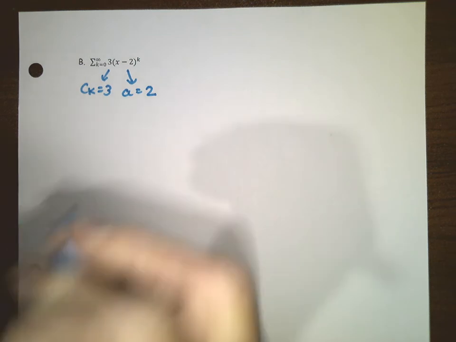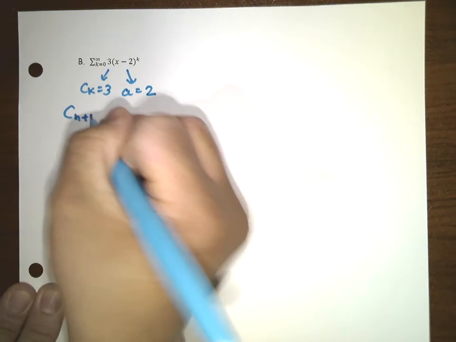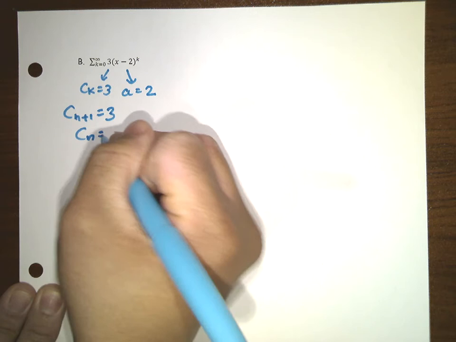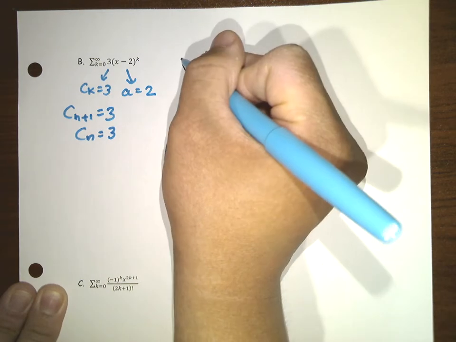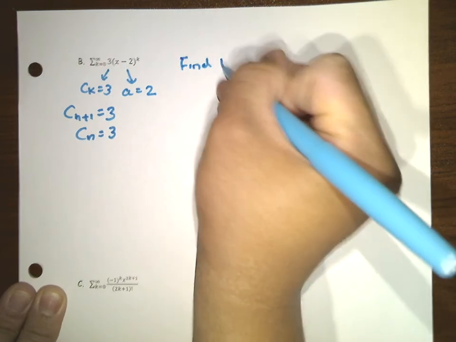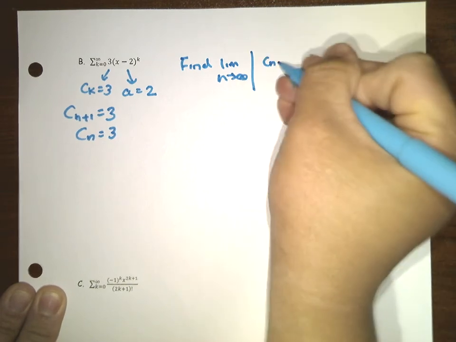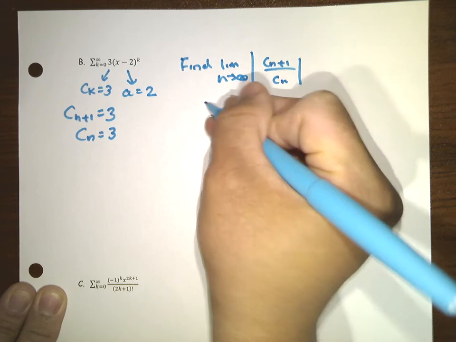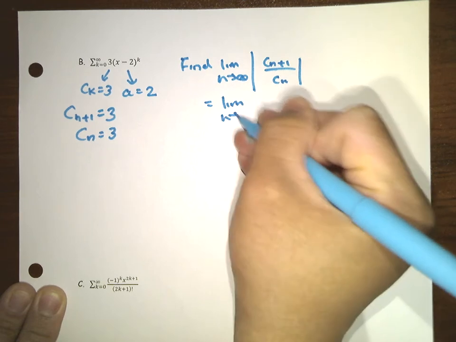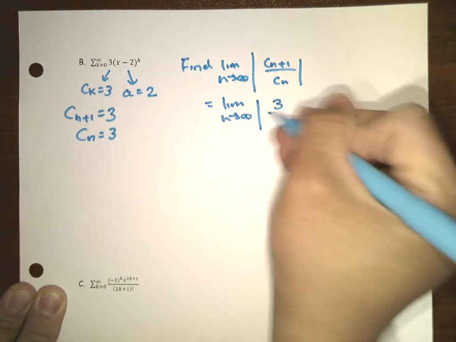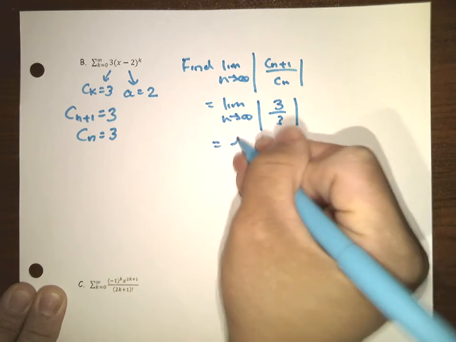So we have ck is 3 and a is, well, that will be 2 here. All right, so that means Cn plus 1 is 3, and Cn is 3. So we need to find the limit as n goes to infinity of the absolute value of Cn plus 1 over Cn. So it's the limit as n goes to infinity of the absolute value of 3 over 3. So that will be 1.